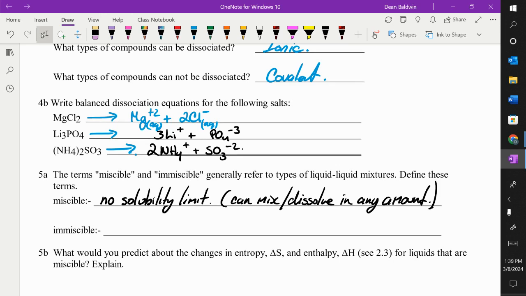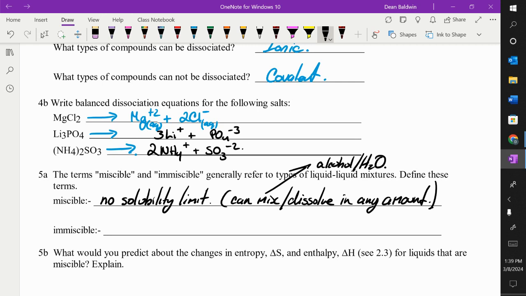All right, so like, I don't know, alcohol and water mix in any amount. Okay. Immiscible means they will not mix at all.